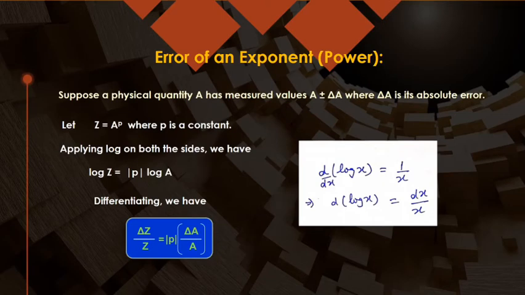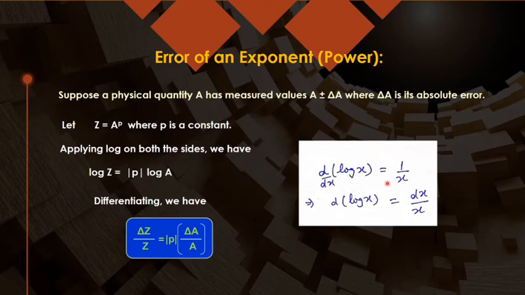Now if I have a physical quantity z, which is written as a power of a given physical quantity, like physical quantity A power P. Here this power P is a constant, and let delta A be the absolute error in the measurement of A. Then A can be written as A plus or minus delta A. Now for this, one method is the same as before, and the other simple method is differentiation.